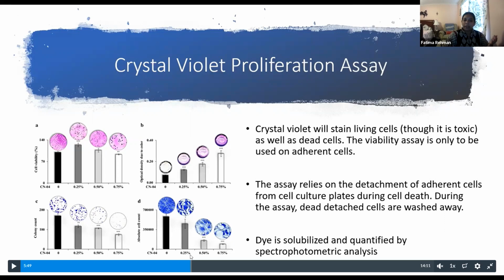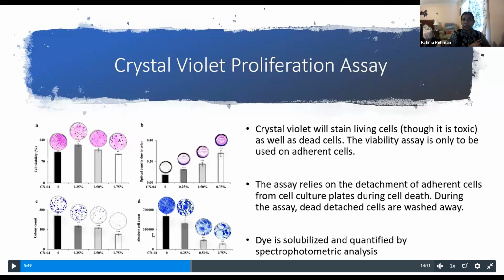And then in panel D, it has an absolute cell count where it shows the more cells you have, the more blue you'll have. And you can look at that as well right there, right? And you can even get absolute cell count, or estimate absolute cell number in a dish, by looking at how blue it is in crystal violet.